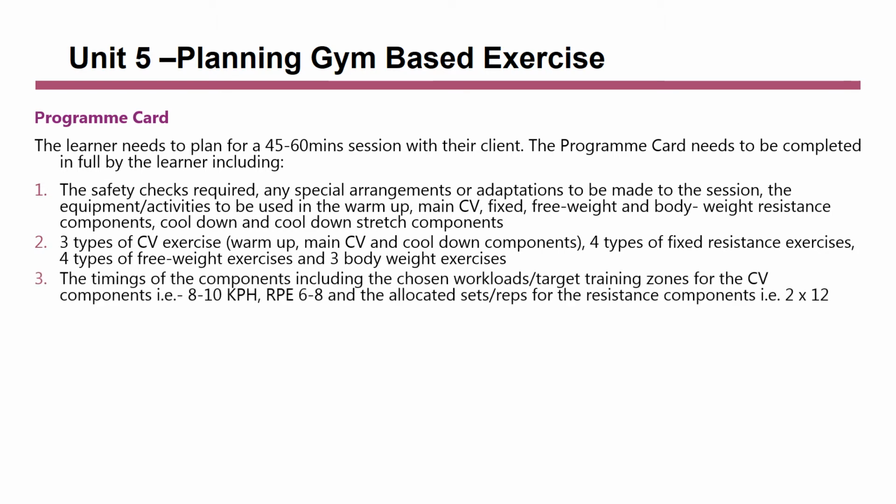The program card must also include the timings of the components, including the chosen workloads or target training zones for the CV components, for example 8 to 10 kilometers per hour, RPE 6 to 8, and the allocated sets and reps for the resistance components, i.e. 2 times 12.